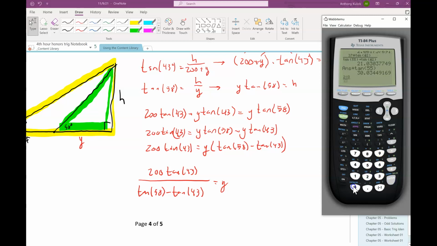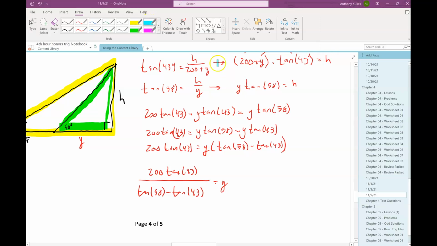So 200 times tan 43 divided by tan 58 minus tan 43. That's going to give me my value for y, but that's not actually what I'm trying to solve for. Remember, I want h.